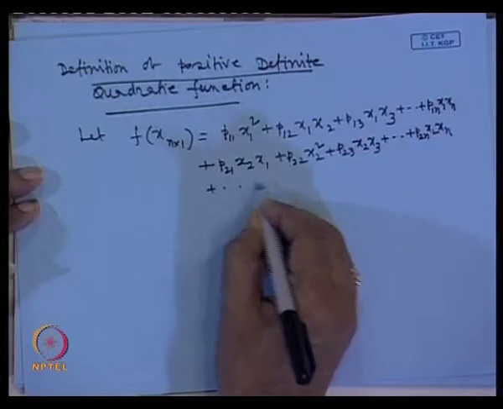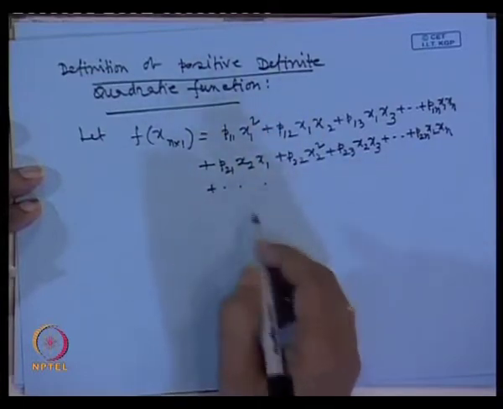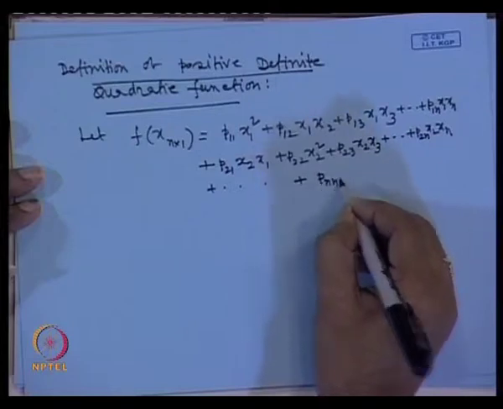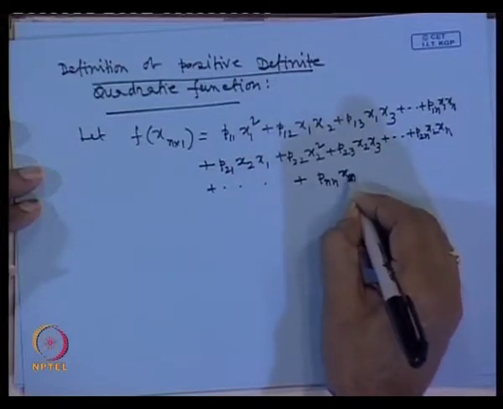And in this way, if you consider all these terms, the last term will be p n n x n square.